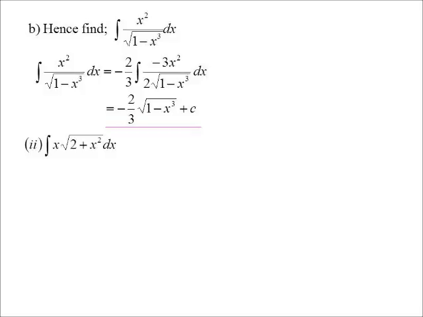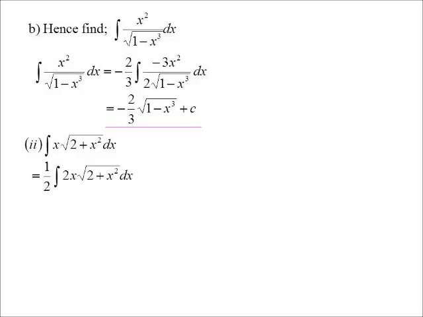So that's one way they ask it, where they give you a really big hint on how to do it. When it's like this, we need to recognize it. I suppose you're looking at what's in the grouping symbol, and in the grouping symbol is 2 plus x squared. You say, well, what I'd really like is the derivative times that. The derivative of 2 plus x squared is 2x, and I've only got 1x. That's okay, because I can multiply the x by 2 and then multiply the whole thing by half.